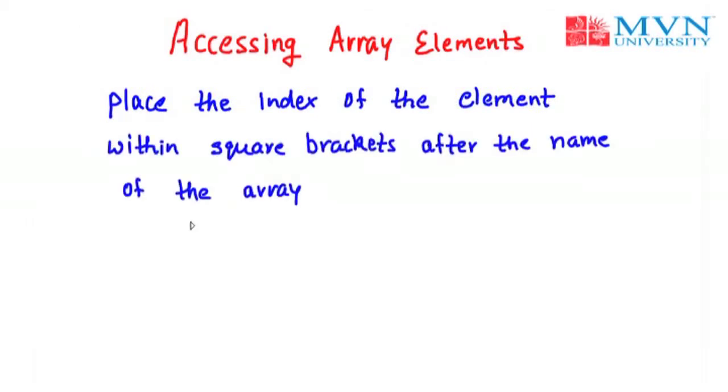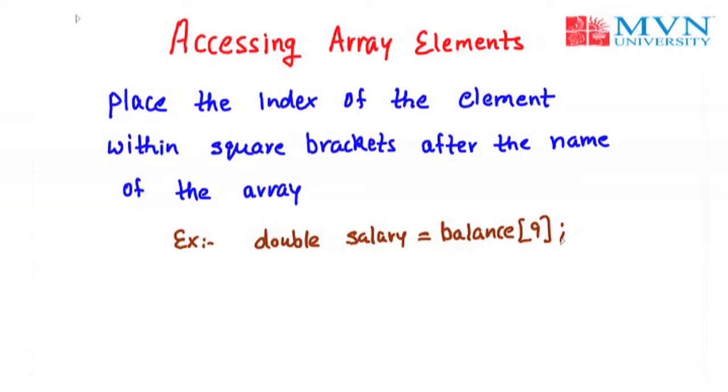For example, double salary is equal to balance[9];. In this statement, the value of the 10th element of the array balance is assigned to the variable salary, which is of double type. So here basically we are accessing the 10th element of the array balance.